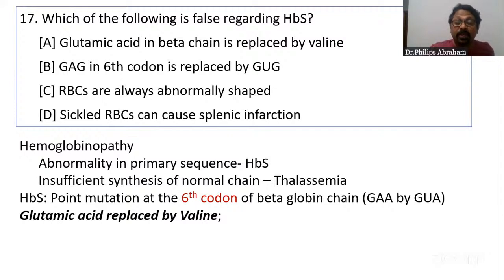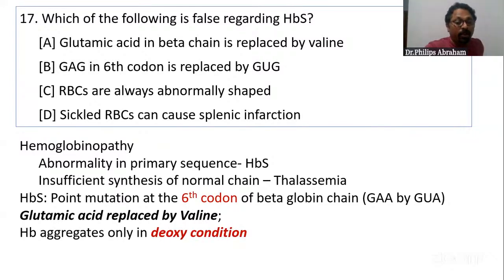So the question comes, why does RBC sickle? RBC forms a sickle shape only in the deoxygenated state, because the sickle cell hemoglobins all aggregate or clump together.